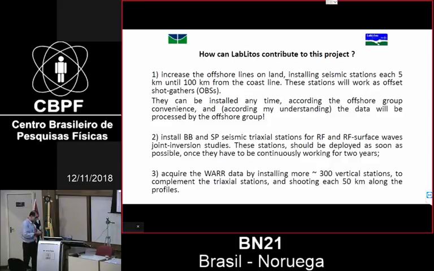Okay. Our proposal essentially passes through 3 points. One is to increase the onshore lines on land, installing seismic stations, probably 85 kilometers to 100 kilometers from the coast. These stations will work as offset shot gathers to help define the margin transition.